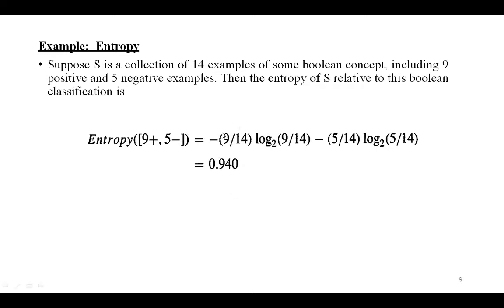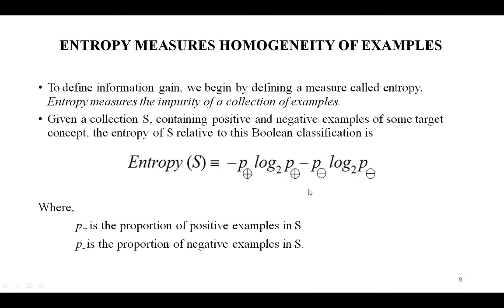This calculation I have done exactly as per the entropy formula. The entropy formula is Entropy(S) = -p+ log2 p+ - p- log2 p-, where plus means positive examples and minus means negative examples.